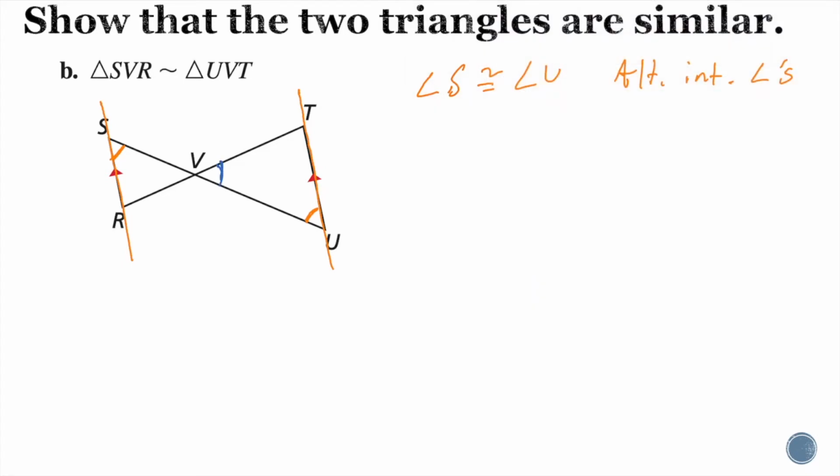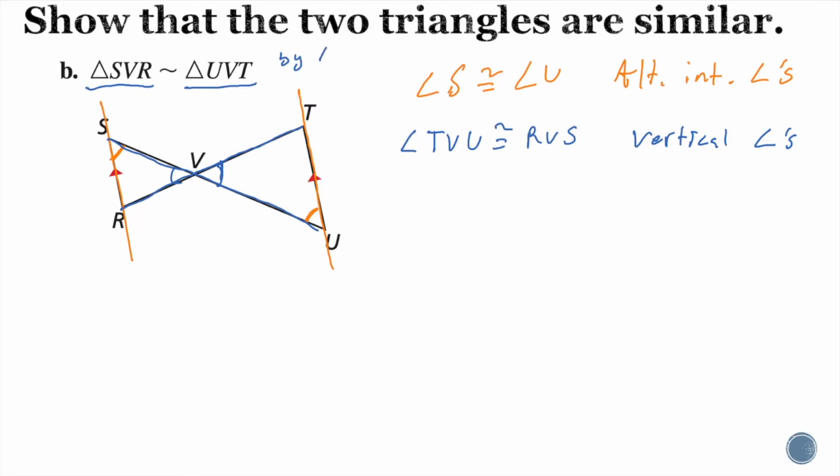And angle TVU is congruent to angle RVS because these are vertical angles. So once again, triangle SVR is similar to triangle UVT by the angle-angle similarity theorem.